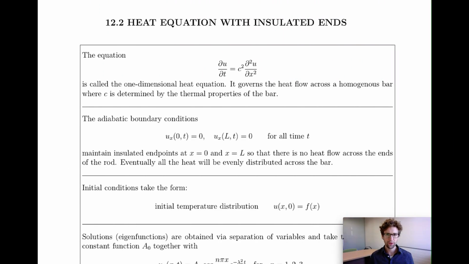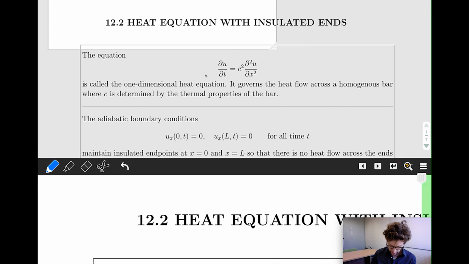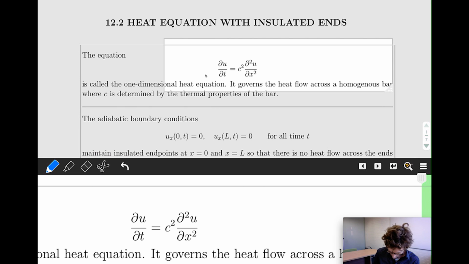So we start again with the heat equation, described by this equation right here. And we know that the temperature at every point along the bar is going to be given by the function u of x and t. This is the temperature at distance x along the bar and after a time t.